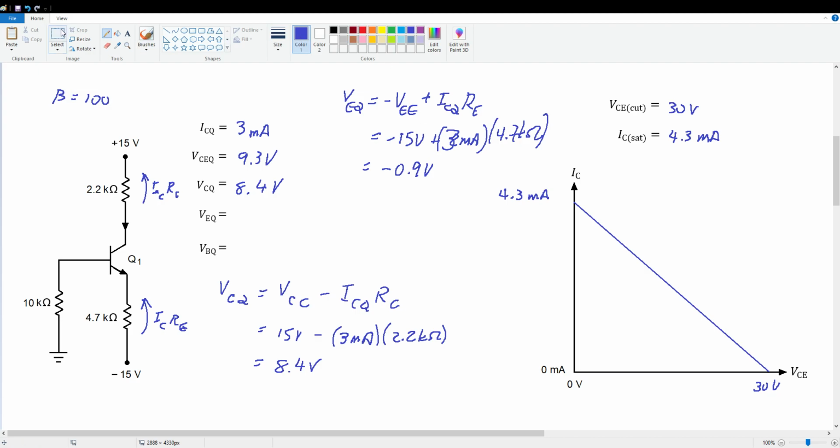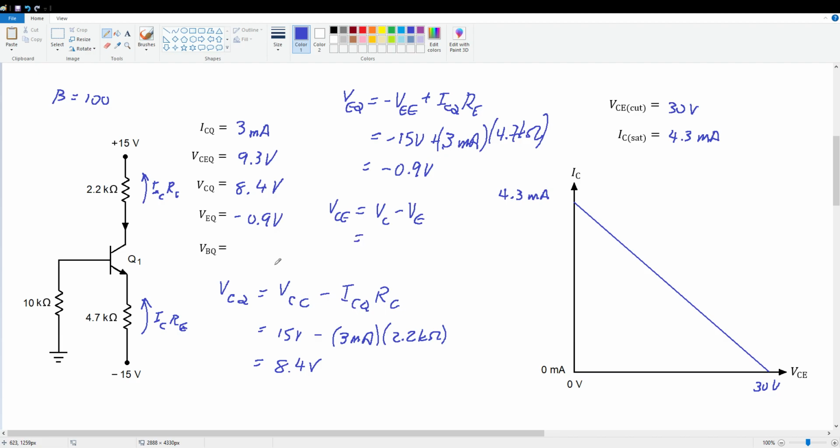Okay, let me make this a little nicer to look at. Okay, that's supposed to be 3 milliamps. All right, so we've got negative 0.9 volts sitting at the emitter with respect to ground. Now, just as a sanity check, we know that VCE is really shorthand for VC minus VE.